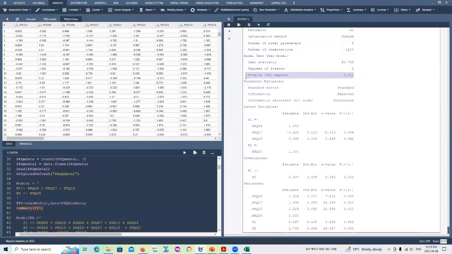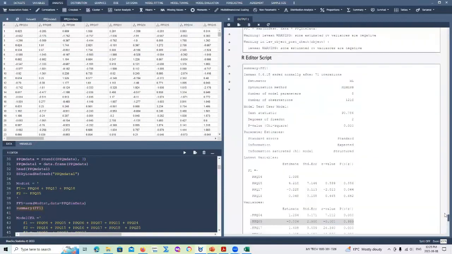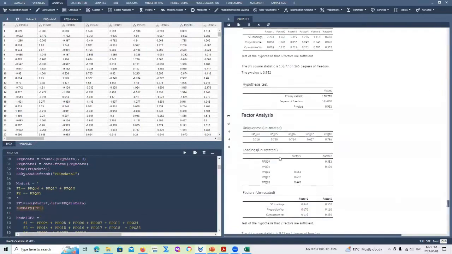Despite the fact that we know for sure that this is a two-factor solution, because of the fitting issues, it's not fitting the model at all. This is a wrong conclusion based on the data, because our analysis clearly shows that it's a two-factor model. Okay, where's the rotated?